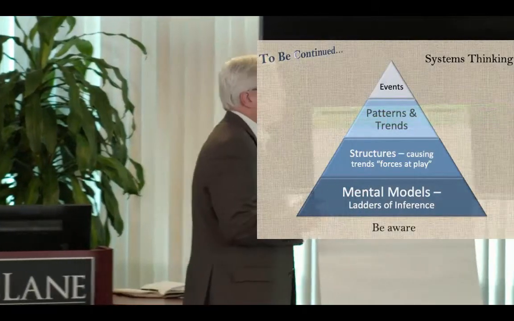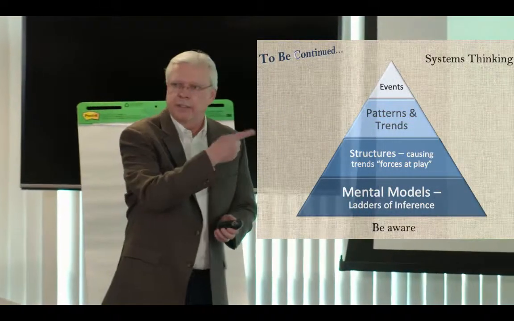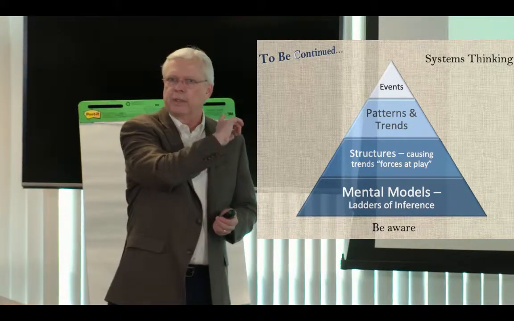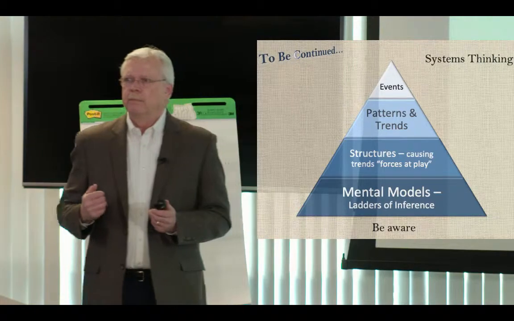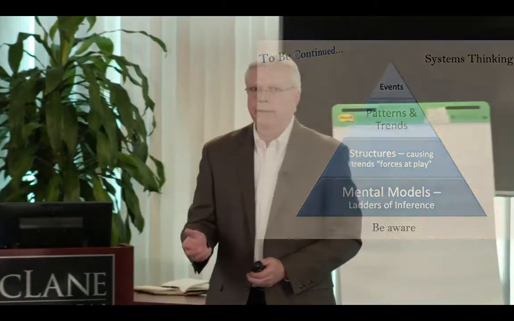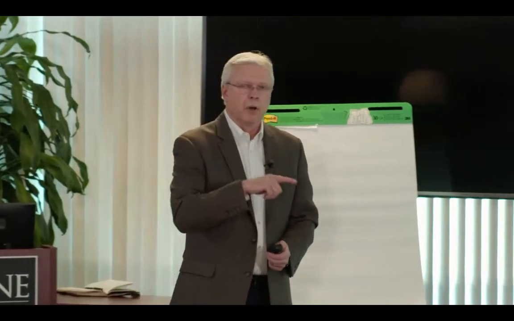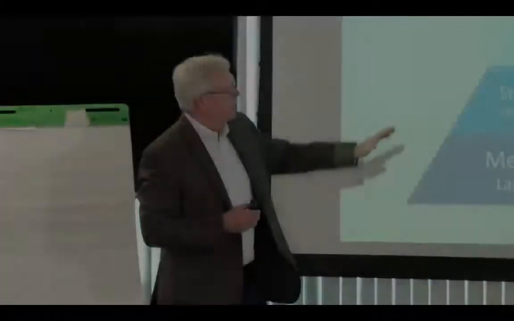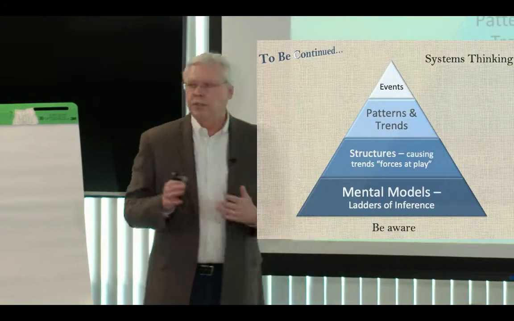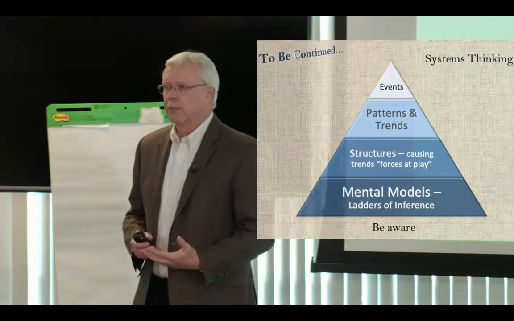We're trained in system thinking to not overreact to the events that are occurring, to not just do these knee-jerk reactions like we discussed before, moving fast into the objective to fix the situation. That's reacting to events. We need to get below the tip of the iceberg to understand the patterns and trends. Yes, we've got to understand that, but also the structure of the systems in which we're operating.